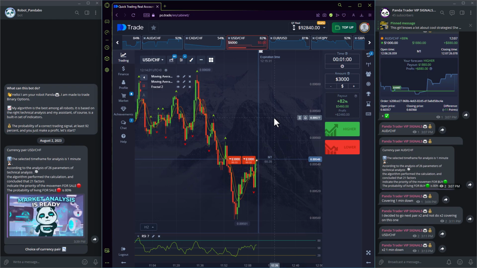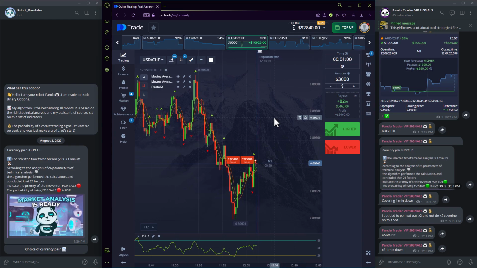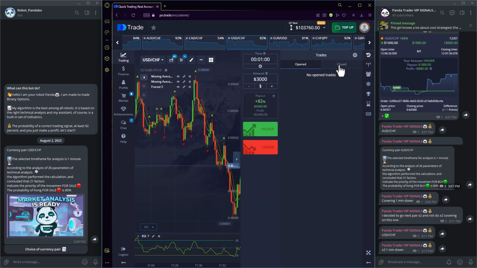In my particular case, I just waited for the final impulse of hope to get formed, and as soon as this impulse gave the max that it could, I decided to go with the retracement deal, which is after a huge pump, there should be a small dump. In this particular case, guys, I said I will go x2, so basically double the covering amount for 1 minute down, and as you could see, this brings me another profit at the end of this trading session, guys.